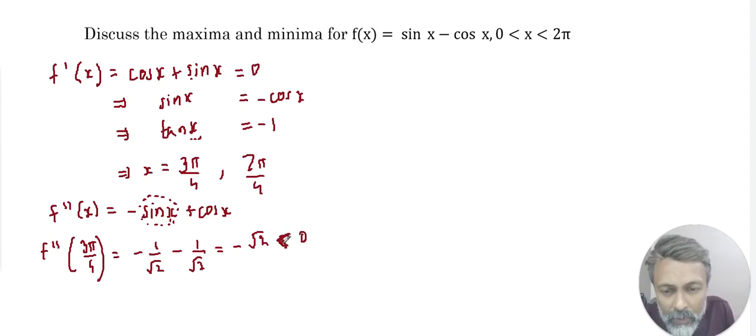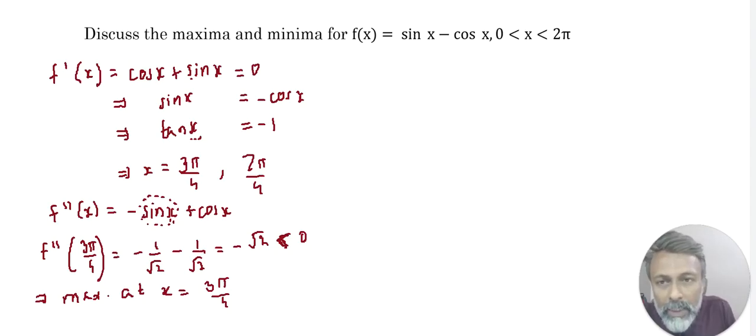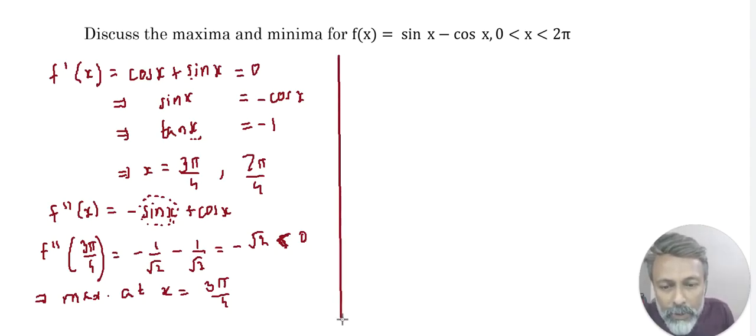As it is less than 0, it implies maxima at x equal to 3 pi by 4. Now to get the maximum value, we will have to substitute 3 pi by 4 in the question.